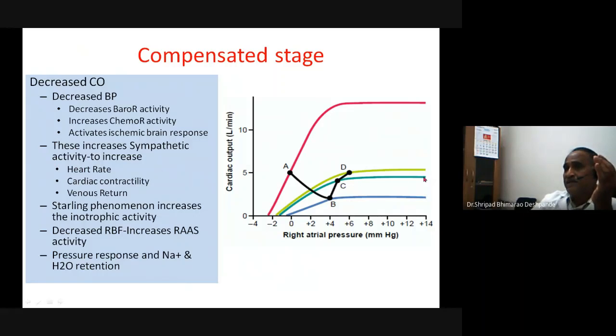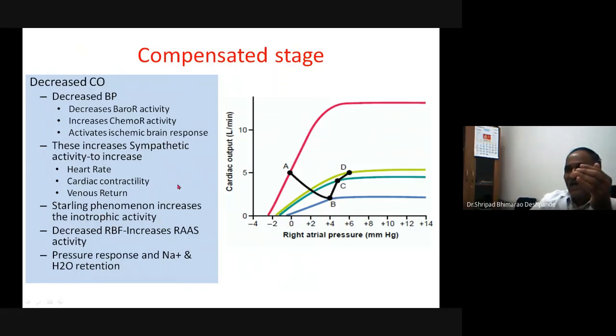This happens in minutes, maybe in 30 minutes. The person is coming back here to sea level. That means it is nearly 4 liters per minute. That's reasonably settling back. Now, what happens further?